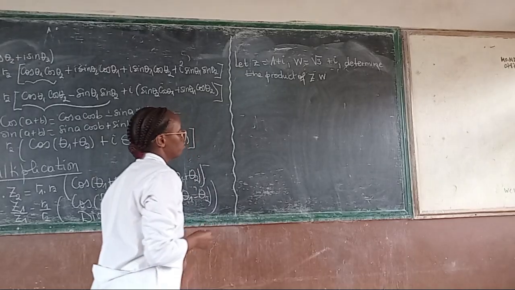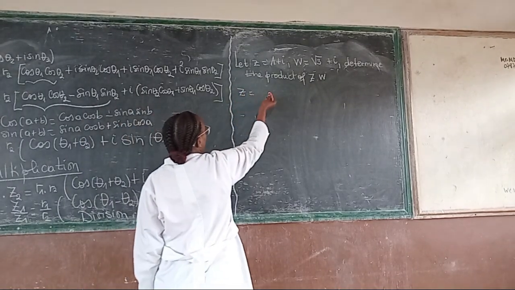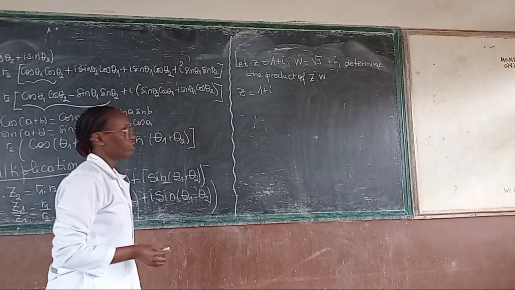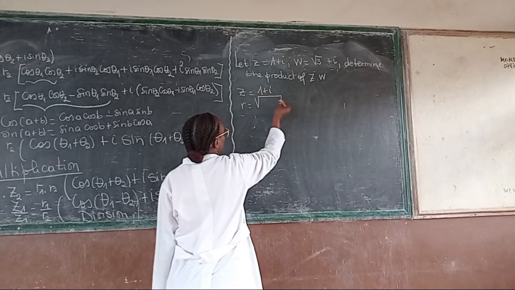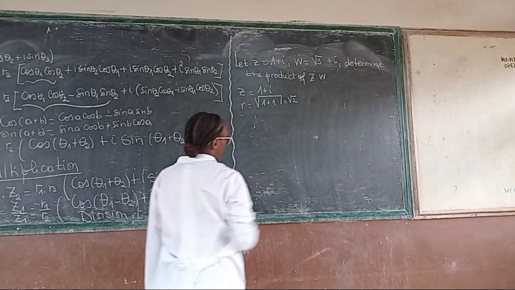What are we going to do first? We are going to find the modulus and the argument of the first complex number. The modulus of this complex number will be equal to square root of 1 plus 1, which will be equal to square root of 2.